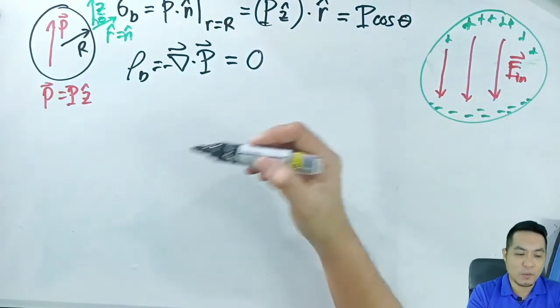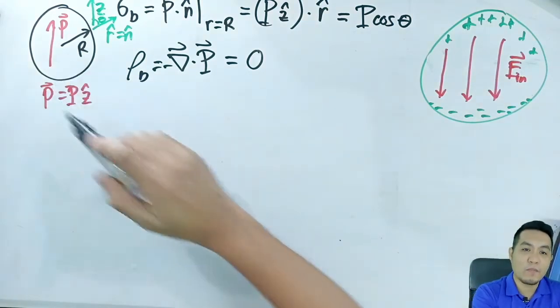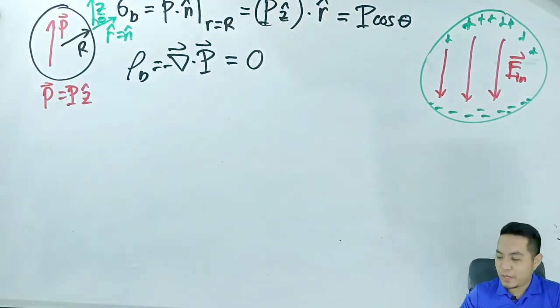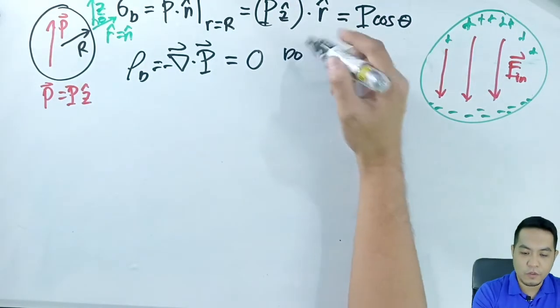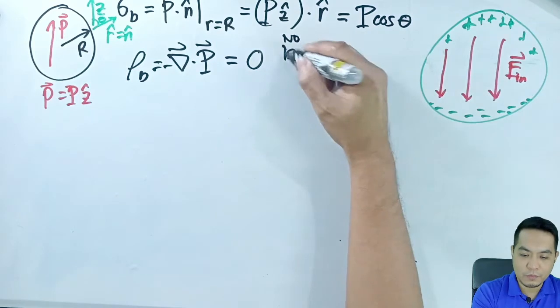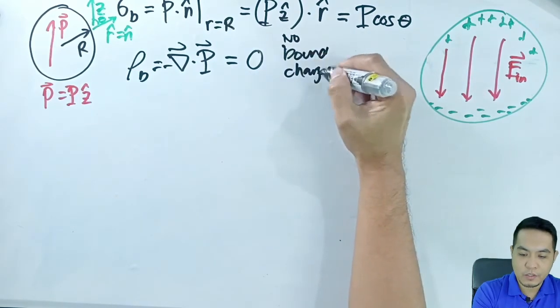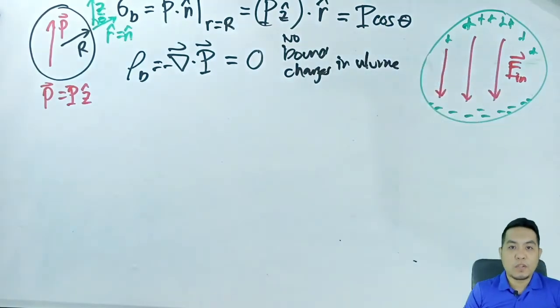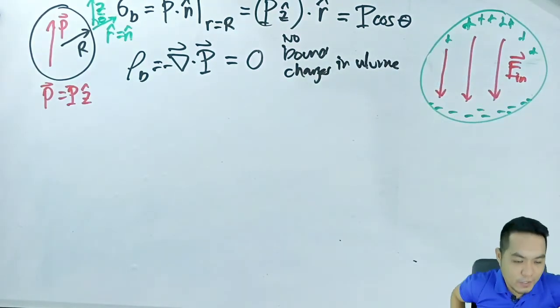This is what happens if you have a uniform polarization. A constant polarization means there are no bound charges in the volume, only on the surface.